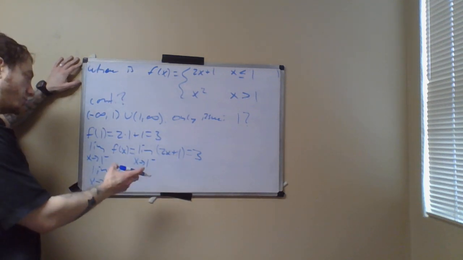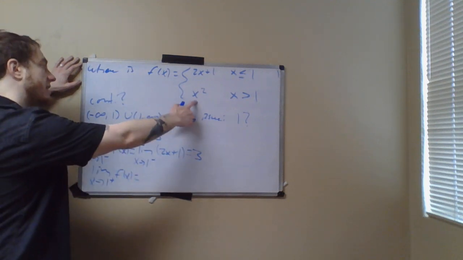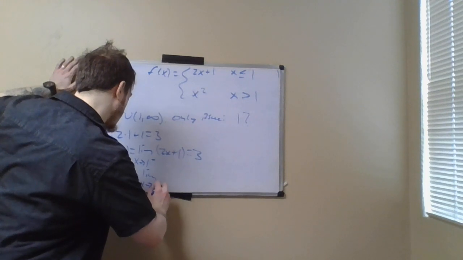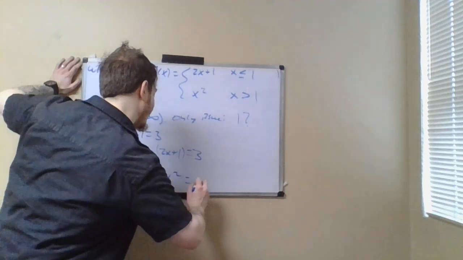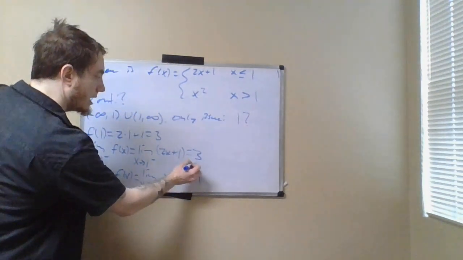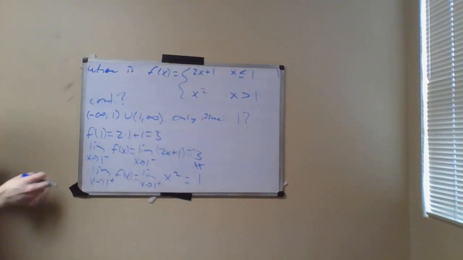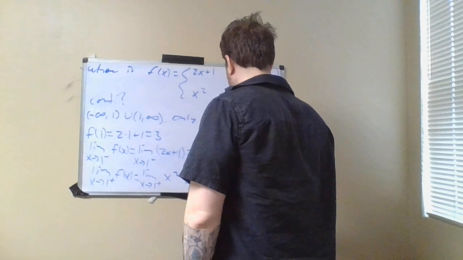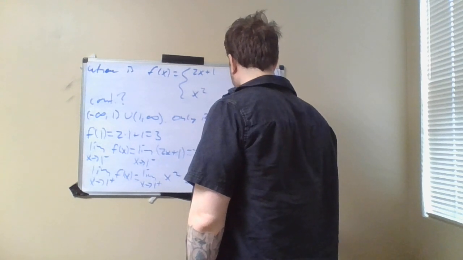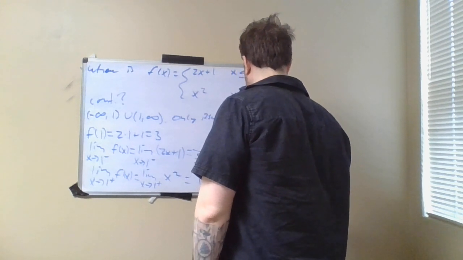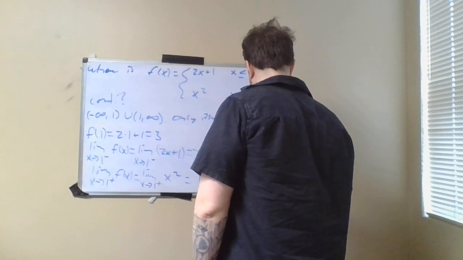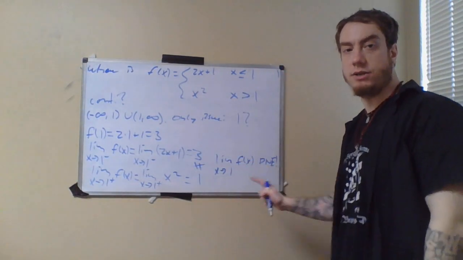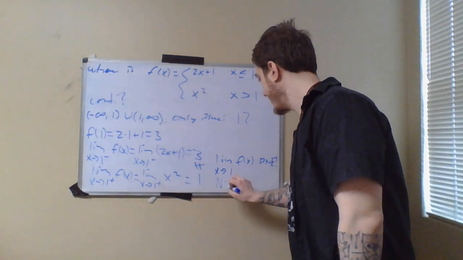The limit as x approaches 1 from the right, now I need to use the x squared definition. So I have the limit as x approaches 1 from the right of x squared. That's actually equal to 1. Now these are not equal to each other, so the limit as x approaches 1 of f of x does not exist, and therefore f is not continuous at 1.